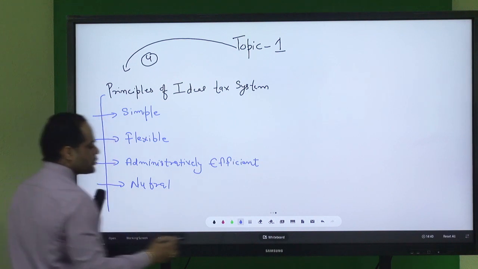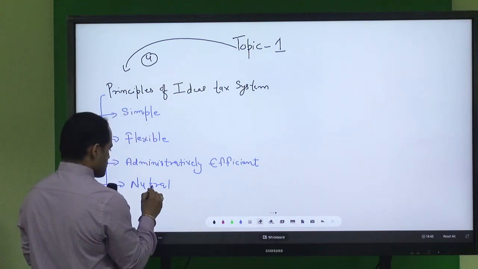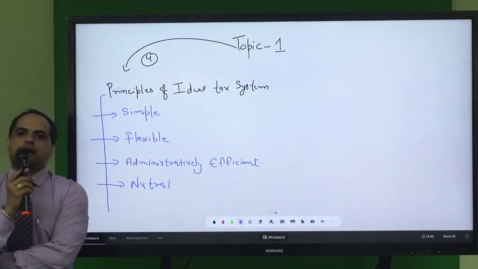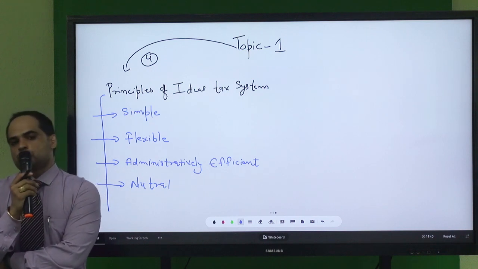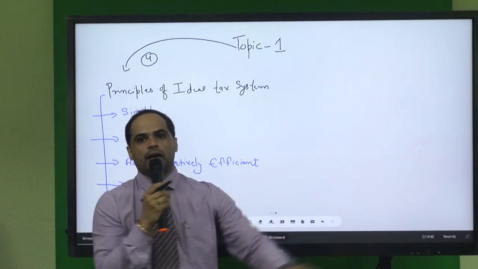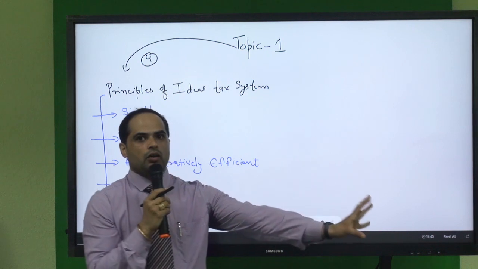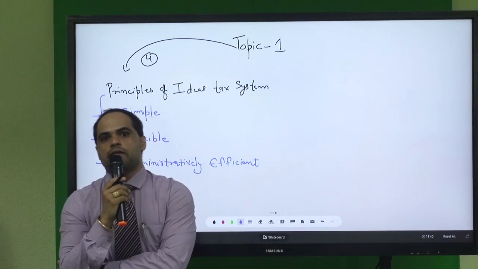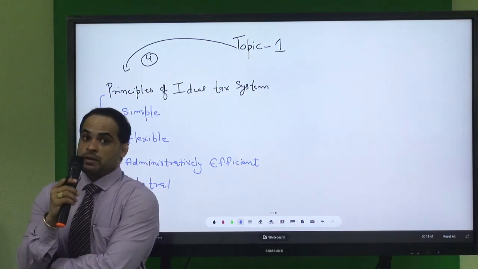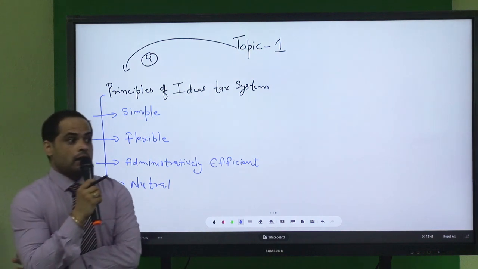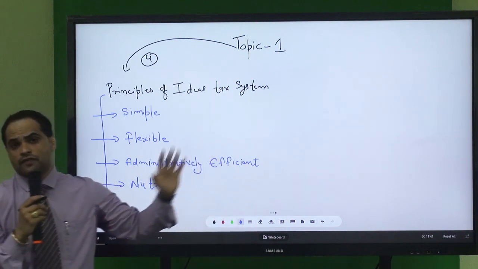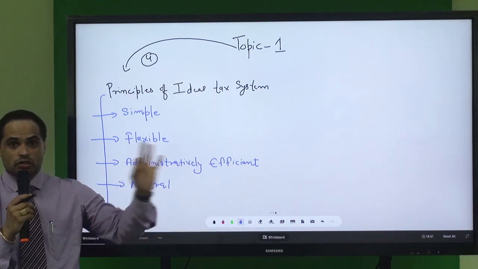Next is neutral. The tax system should be neutral. It should not favor wealthy, rich, or big industries. So let's say I'm in a government position, and I know that I, or my wife or other family members, have a specific kind of business in a particular sector.